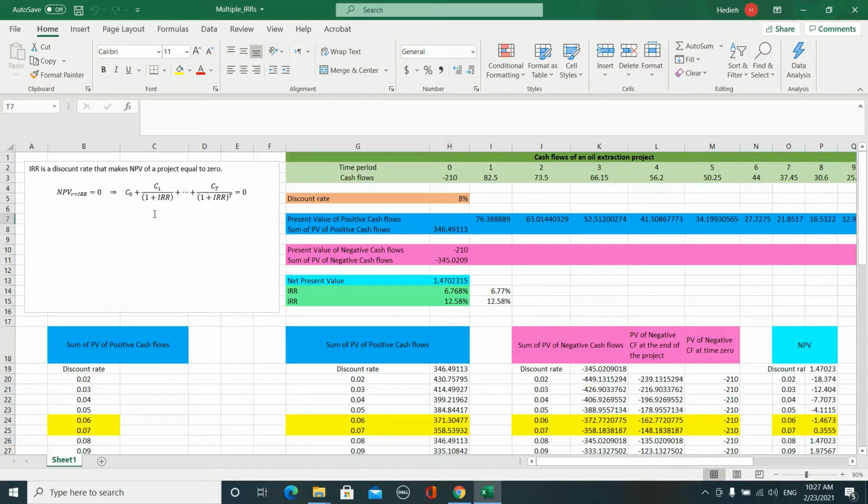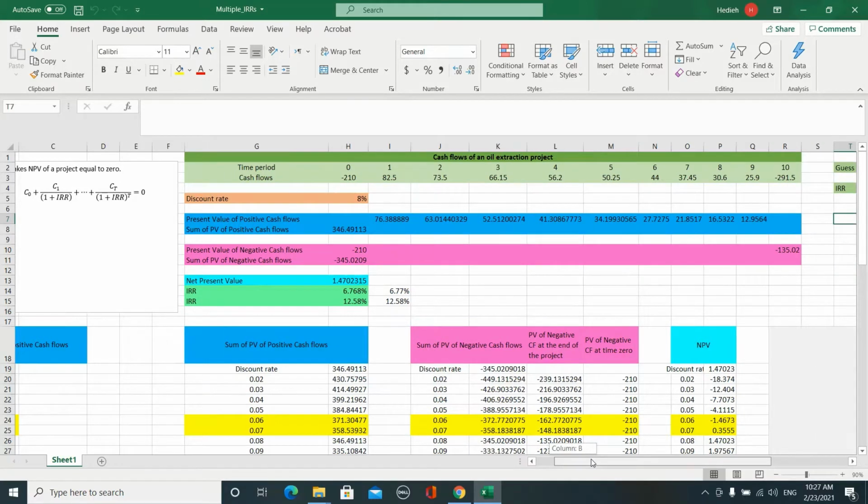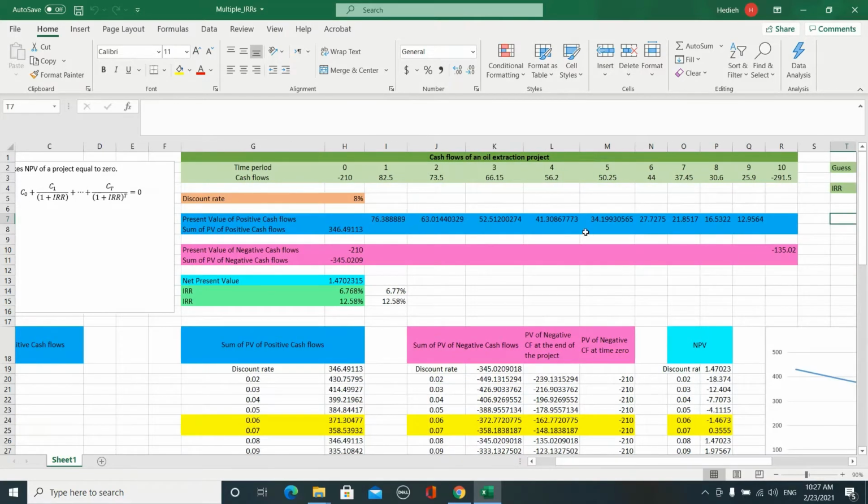So what is the condition for having multiple internal rate of returns? Regarding projects, we observe that we can have multiple internal rate of returns when not all the negative cash flows of a project happen before the positive cash flows of the project.